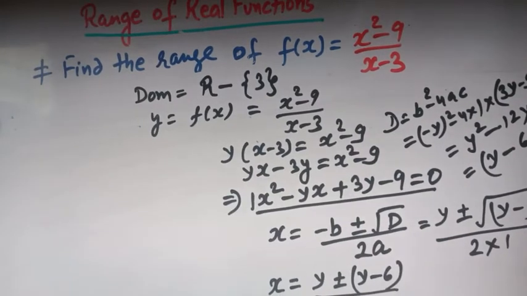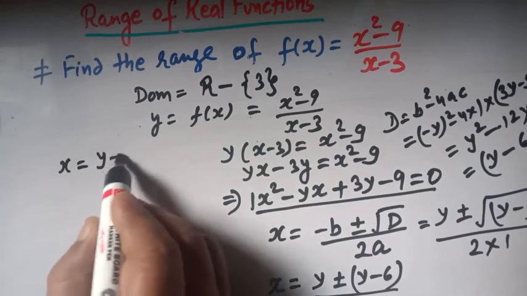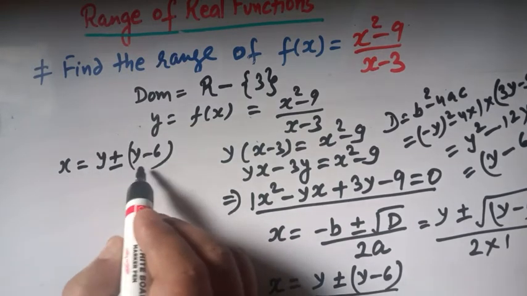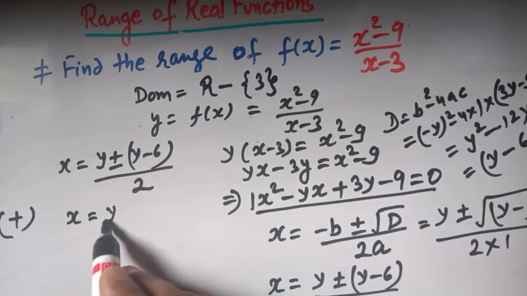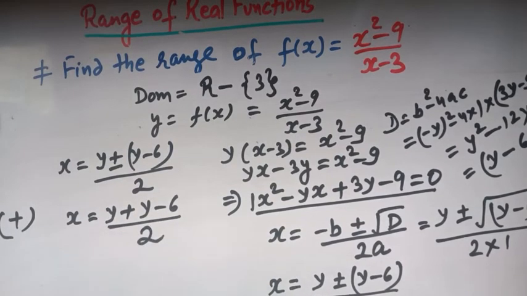Now if we take the positive value, we have x is equal to (y plus (y minus 6)) over 2. Clear?